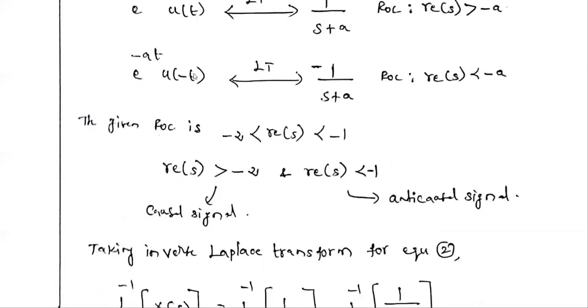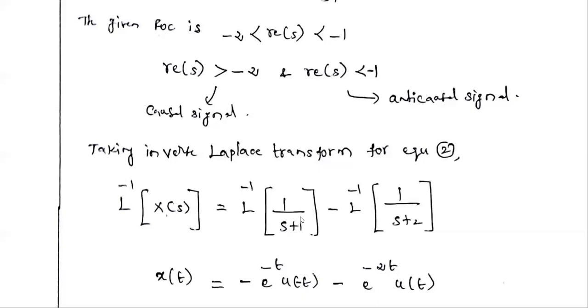It satisfies this one. So the inverse Laplace transform of 1 by s plus a, with a equal to 1, is minus e power minus t into u of minus t.